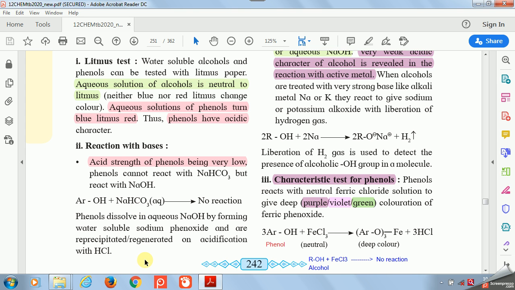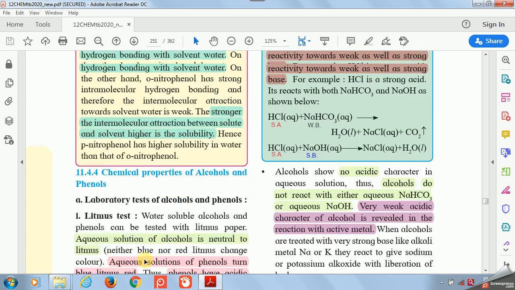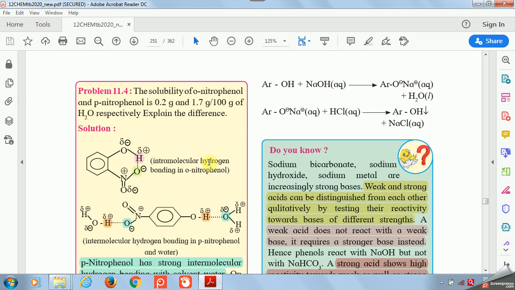If you observe the reaction, phenol reacts with NaOH and gives sodium phenoxide and water. This is an aqueous solution, and when this aqueous solution of sodium phenoxide reacts with hydrochloric acid, we can again reobtain the precipitate of phenol, and NaCl gets dissolved in the water, means we obtain an aqueous solution.